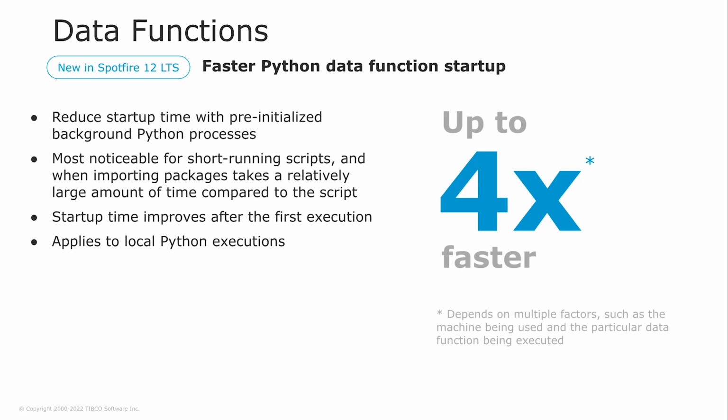But in our observations, we've seen Python data functions now running up to 4 times faster than in Spotfire 11.8. This improvement to speed is most noticeable for short-running functions, or when the import of packages takes a large amount of time. Once the function has run a first time, you'll see that the startup is improved. And we do that by using pre-initialized background Python processes.